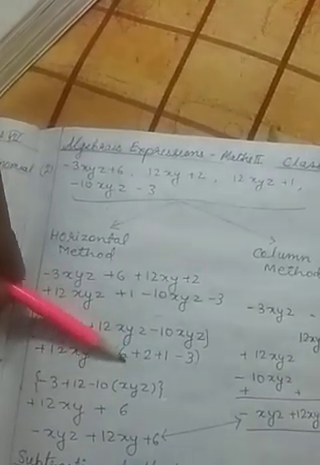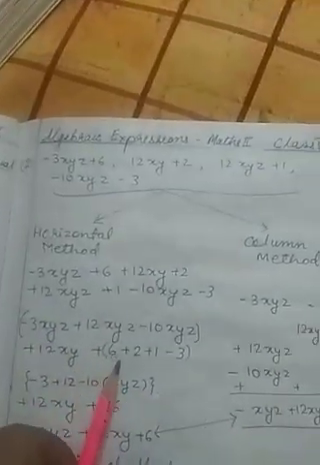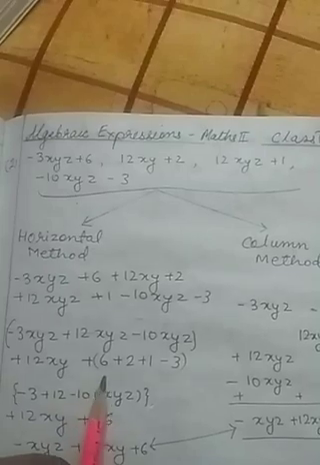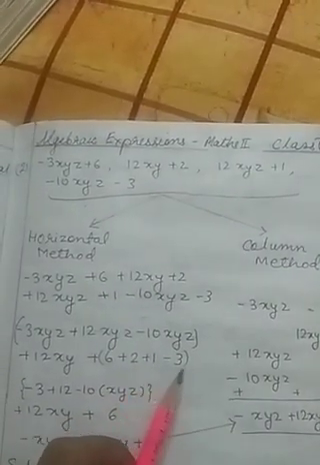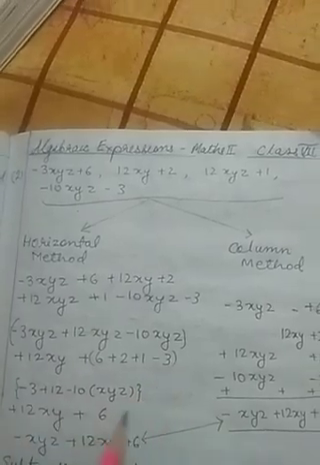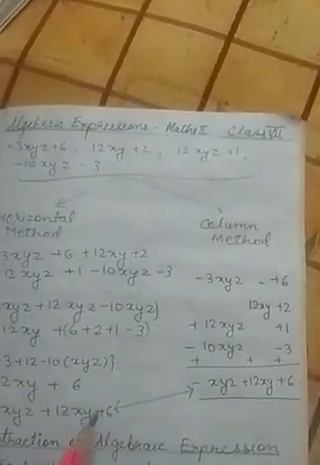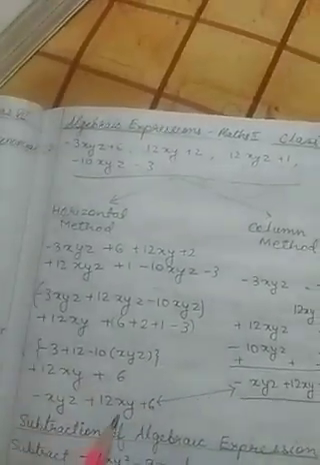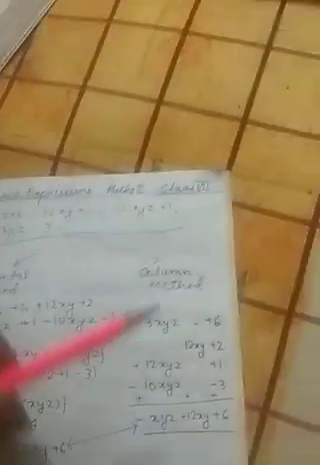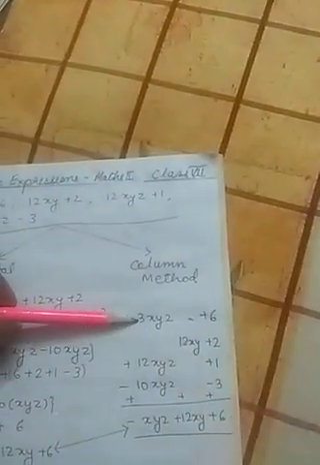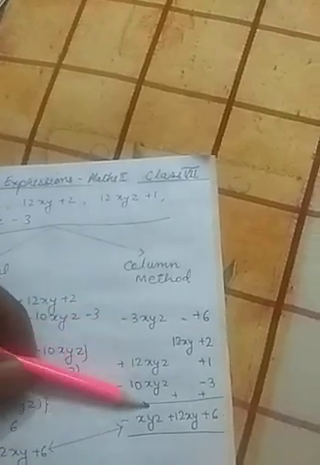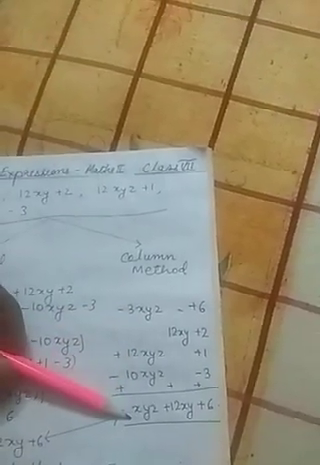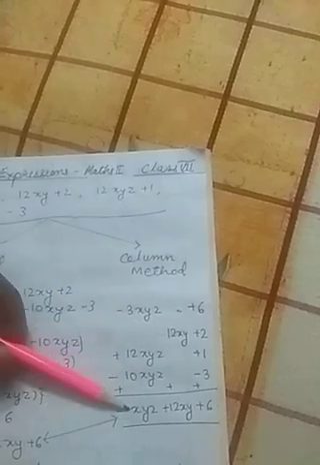Now here in the constant, we can take all the constants together. 6 plus 2 plus 1 minus 3, which will give you 6. So this is one way to do it. Another way is that you try to put the like terms in one row, all right, and do the operation.